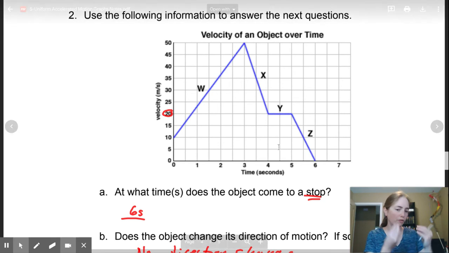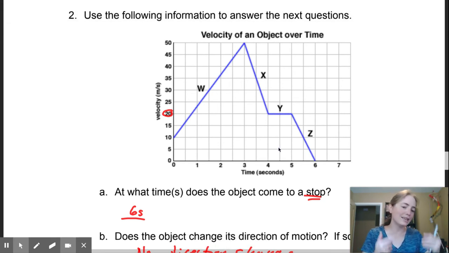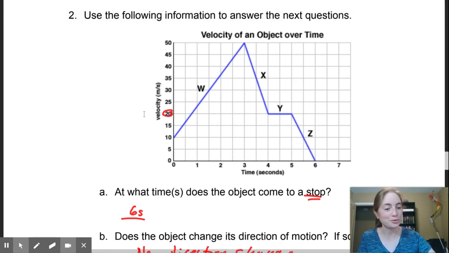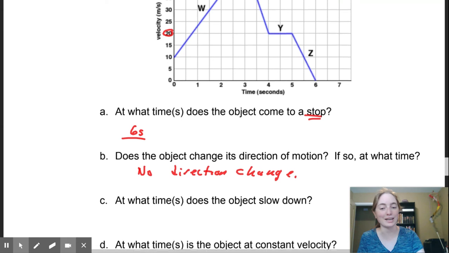If velocity is constant, that means velocity is not changing. Where is velocity not changing on this graph? It's that 4 to 5 second range. When you read this, it's at 20 meters per second.